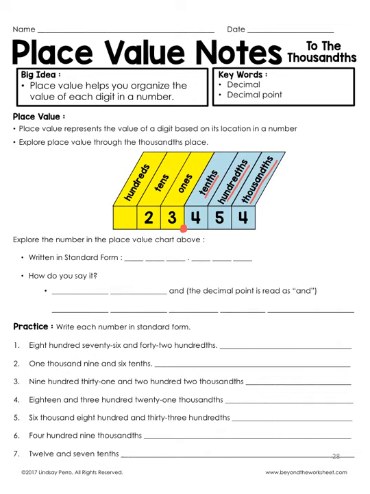If I write this number in standard form, just the normal way that numbers are written, I have 23.454. When I say that, that's exactly how I say it. I say 23.